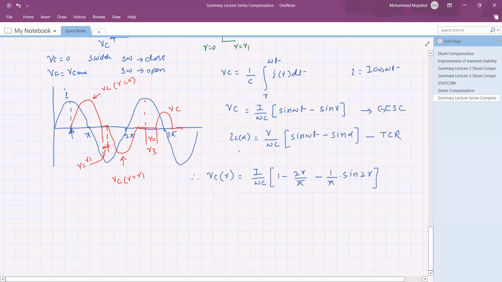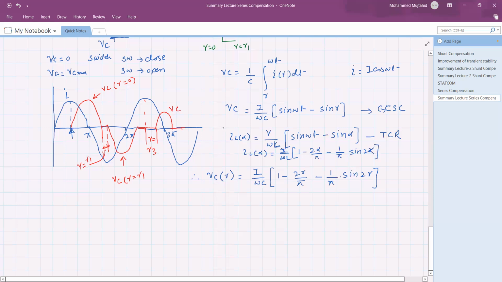And we are writing this equation because we know that IL alpha is equal to V upon omega L into bracket 1 minus twice alpha upon pi minus 1 upon pi into sine of twice alpha, isn't it?